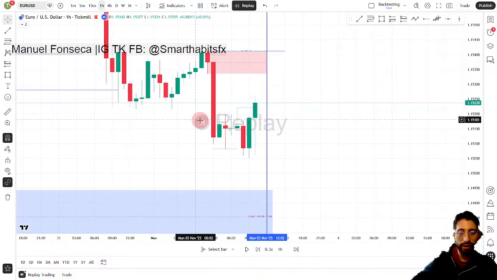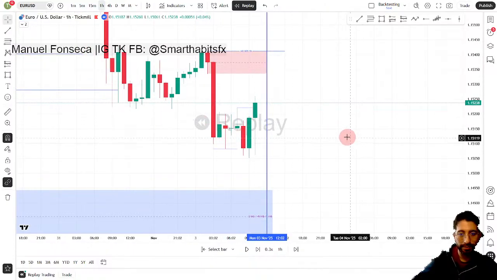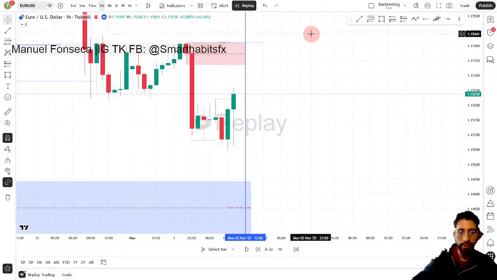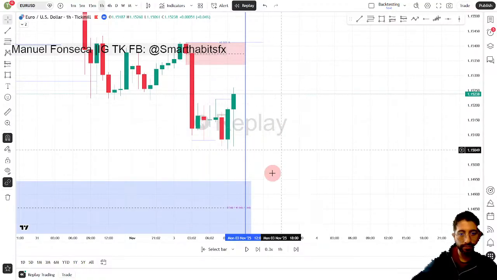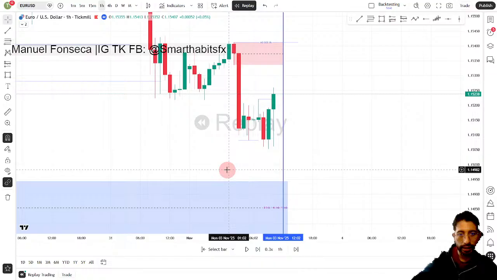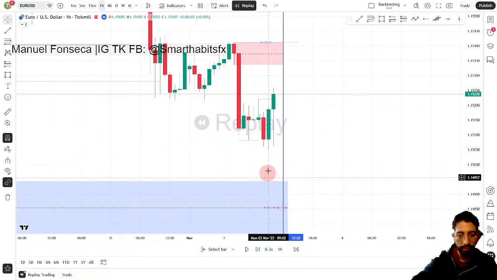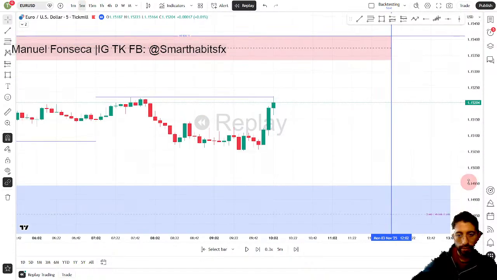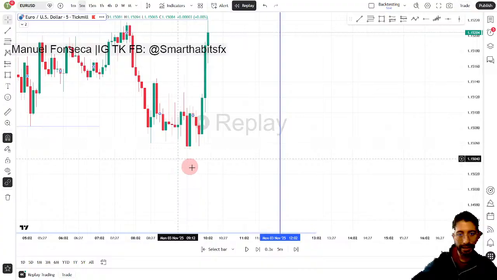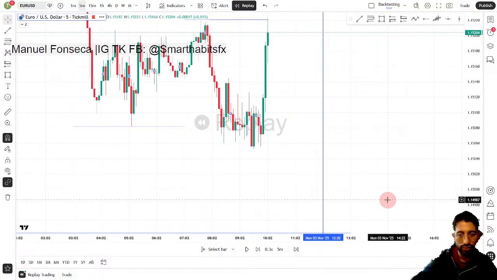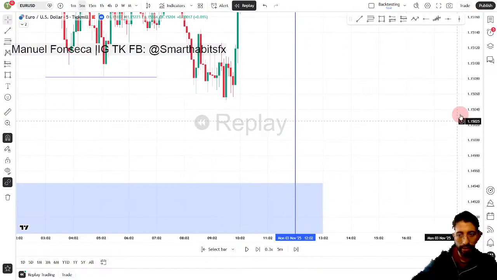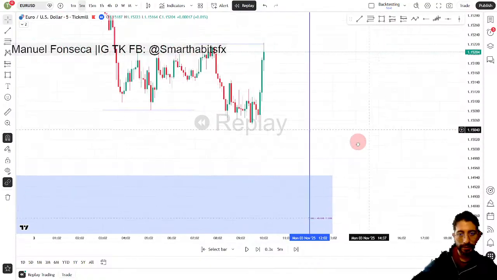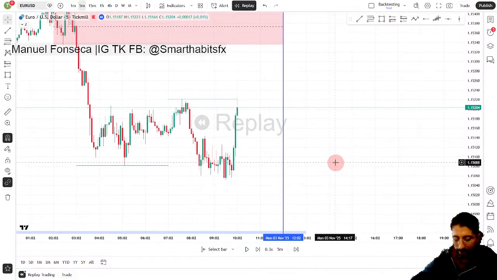Well, I would prefer it to be clearer, but from this it can continue with the uptrend, definitely, because it has already gone very close to this imbalance. But let's wait. What I don't like is that it hasn't reacted in one of these imbalance areas, and it's far. So let's wait.